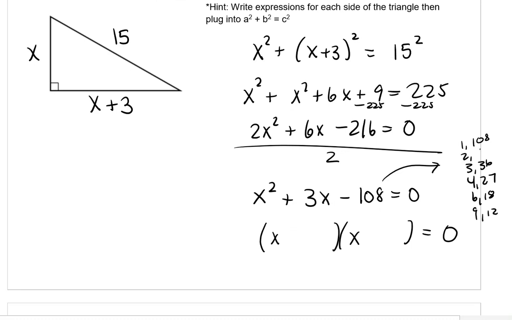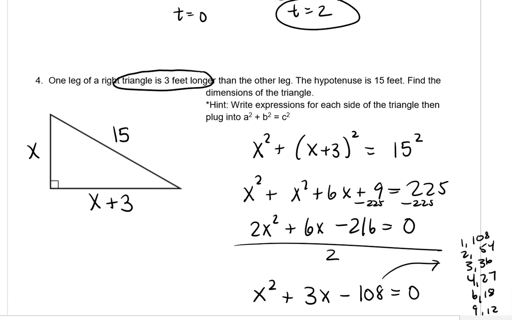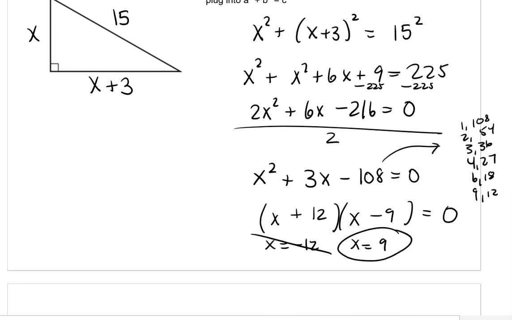I don't know why I skipped 2 and 54. I guess because 2 and 54 doesn't make sense. All right, so 9 and 12. Good. Plus 12 and minus 9. So this is going to be x is 9, or x is equal to negative 12. Well, that doesn't make any sense because length can't be negative. So x is 9. What do they want here? To find the dimensions of the triangle. So this is a 9, 12, 15 Pythagorean triple.